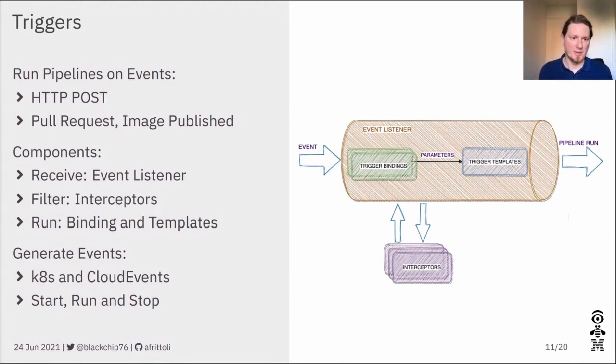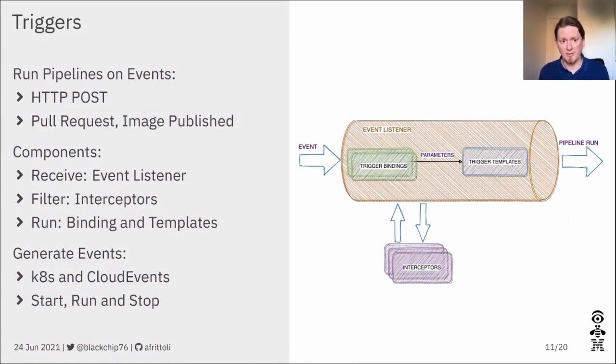And so this is where the Triggers project comes into play. It allows you to run pipeline runs or task runs as a response to events which are transported via HTTP. An example of events could be a pull request, or an image was published to a container registry, or something was stored in an object storage.